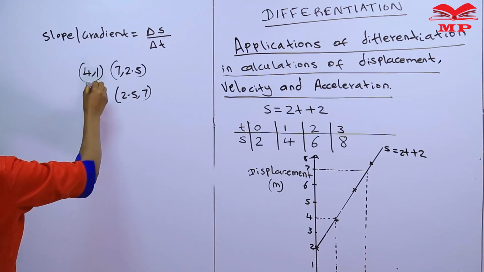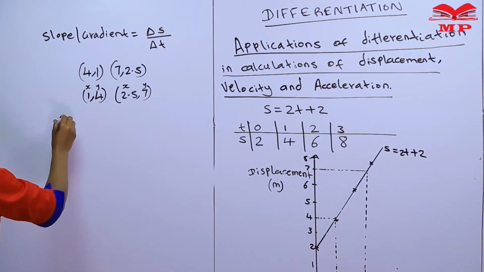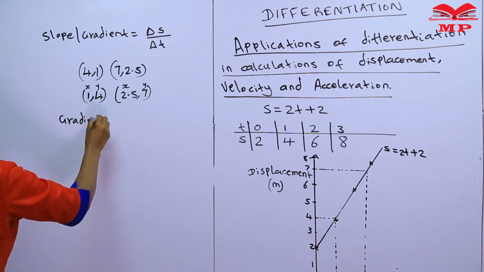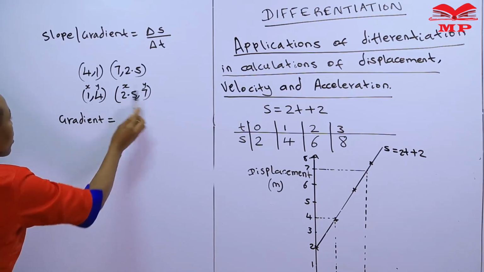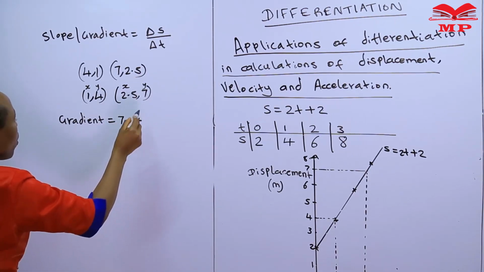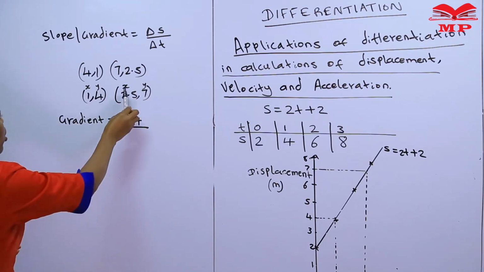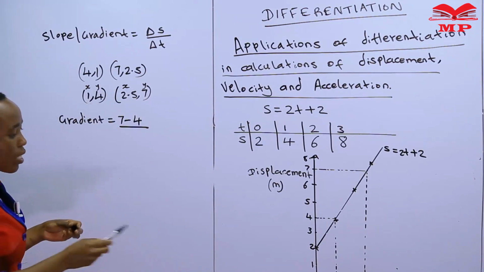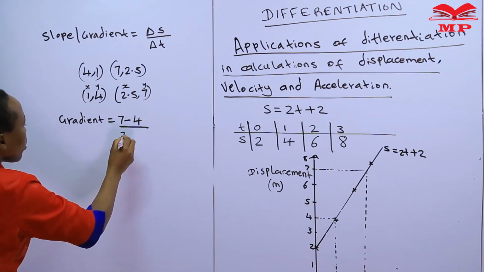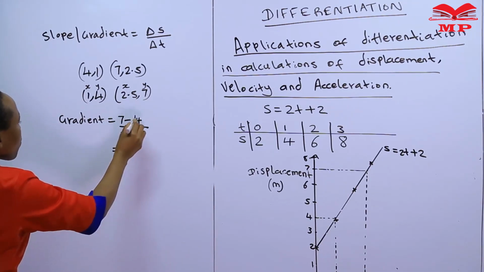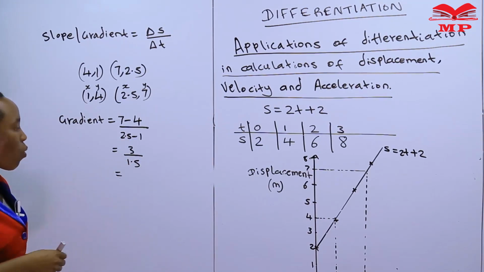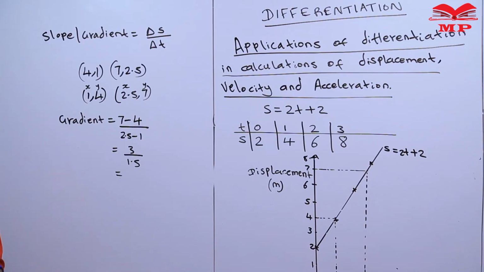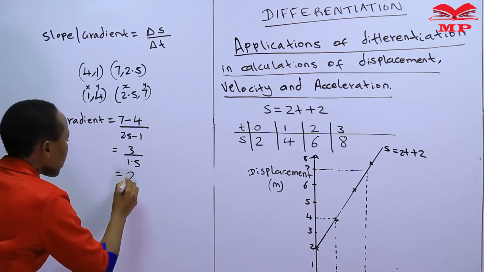So this is our x, y, and therefore the gradient will be given by the change in displacement, which is on the y-axis, that is 7 minus 4, divided by the change in the x-axis, which is the time axis, that is 2.5 minus 1. So we end up getting 3 divided by 1.5, which gives our gradient as 2.